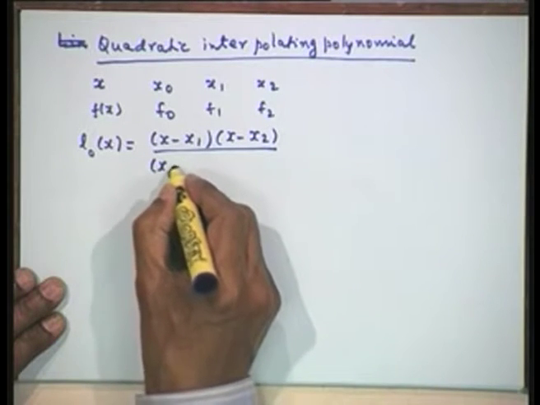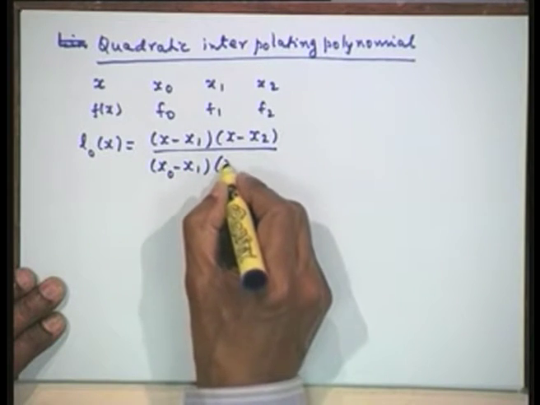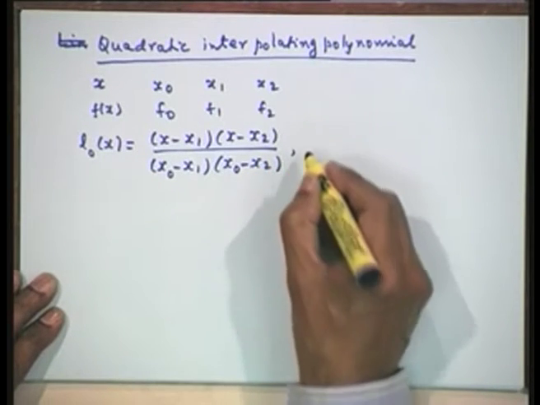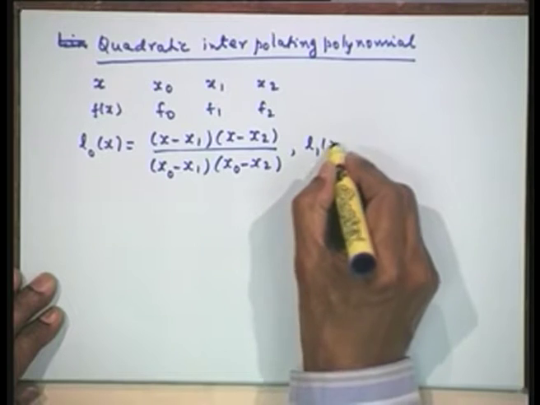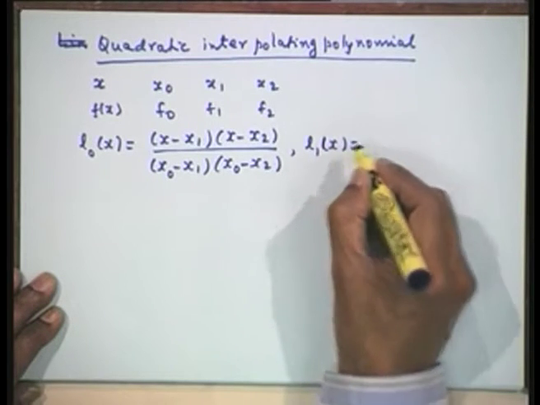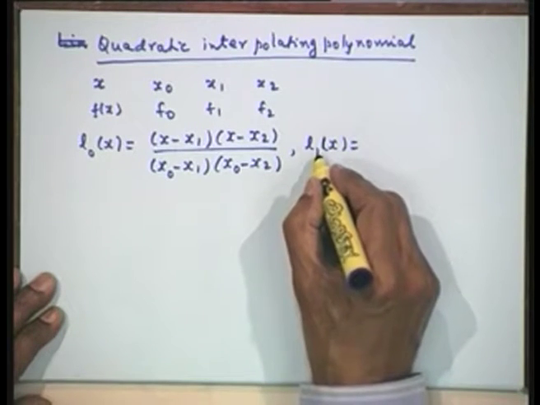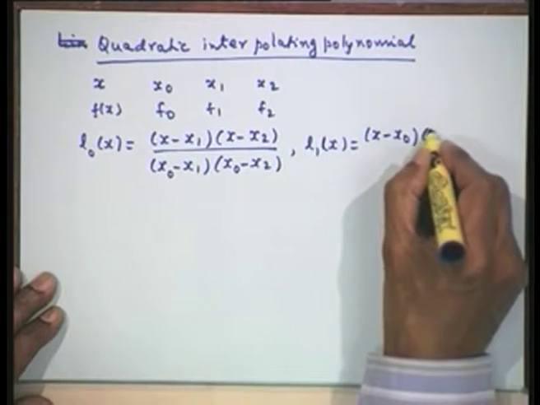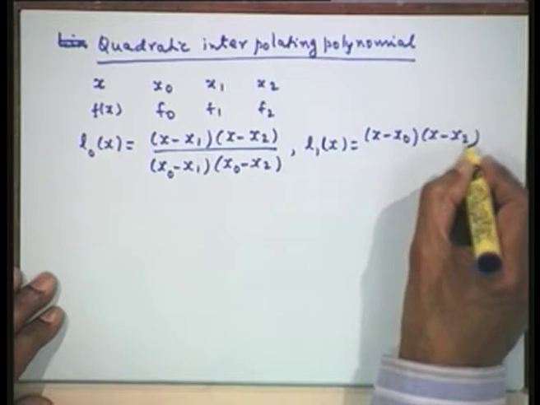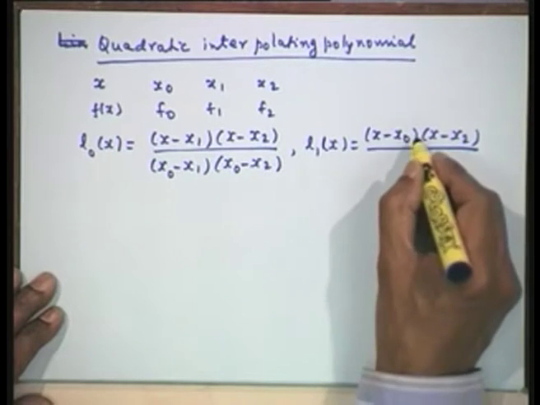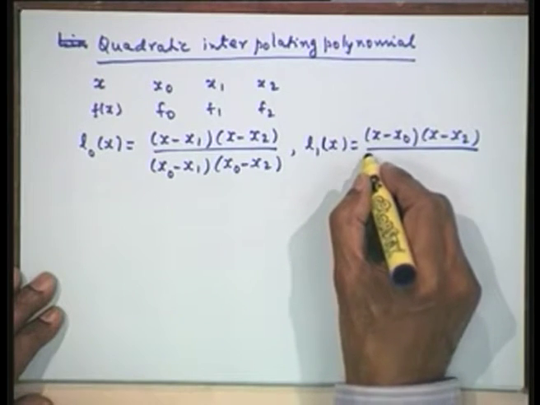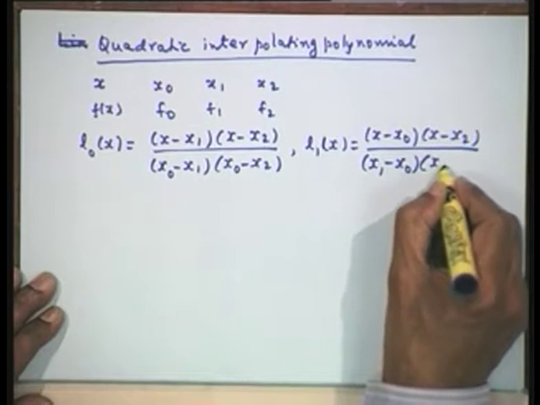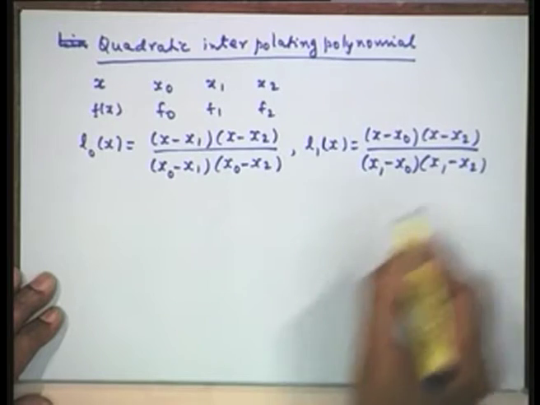So, this is x0 minus x1, x0 minus x2, and L1(x), the numerator should skip now x minus x1. So, I will have x minus x0, x minus x2, and I evaluate it at x1 for the denominator. So, this will be x1 minus x0, x1 minus x2.